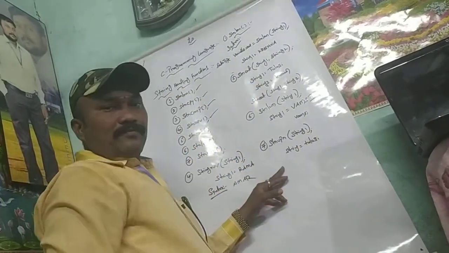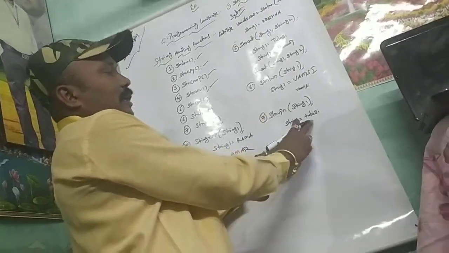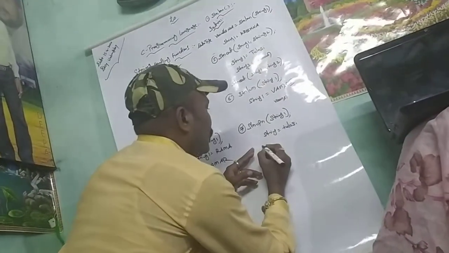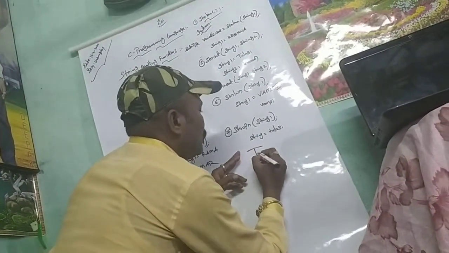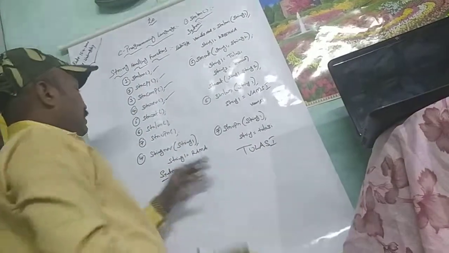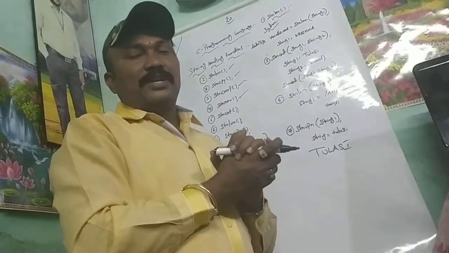Whenever we are using this string handling function, string upper, it will convert all lowercase letters into uppercase letters. Okay? So what is the output? TULASI. That is about the various string handling functions.